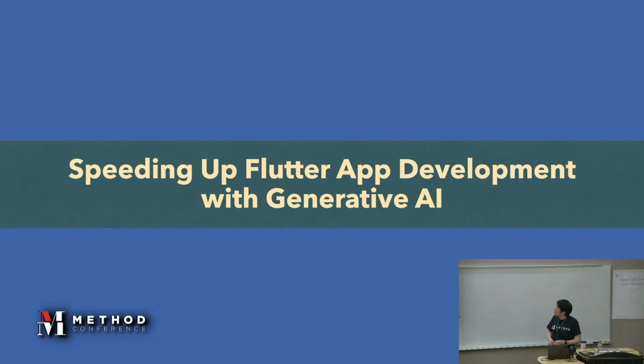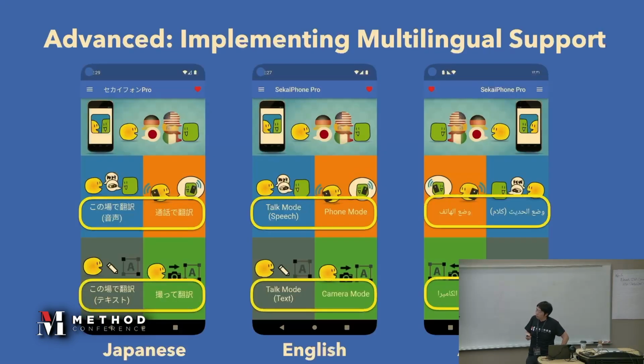Okay, let's move to a different approach. How to speed up Flutter app development with generative AI? It's a little advanced topic. Here is my Sekai phone app. This app supports 11 languages, such as Japanese, English, Arabic, and so on.